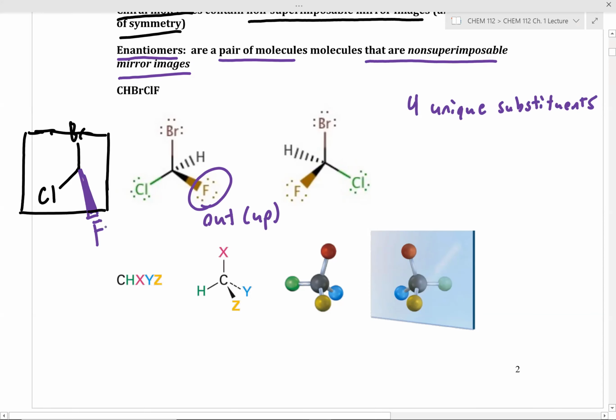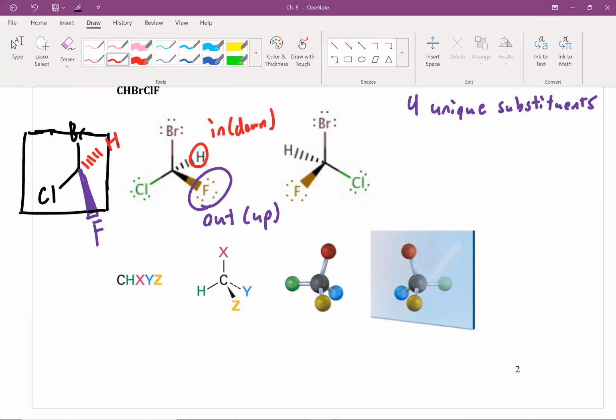Okay? And this dash notation tells us it's pointing in or down further into the plane of the page. This hydrogen is pointing into the page away from me. Okay, perfect. So with that established, let's now transcribe this second structure.